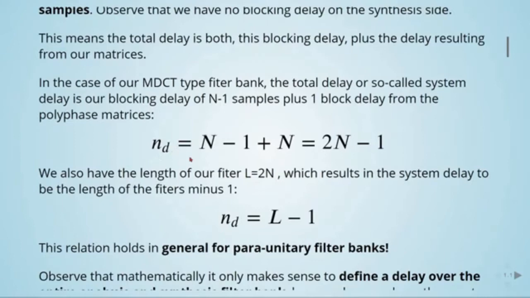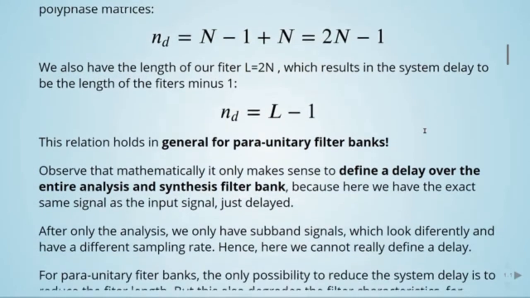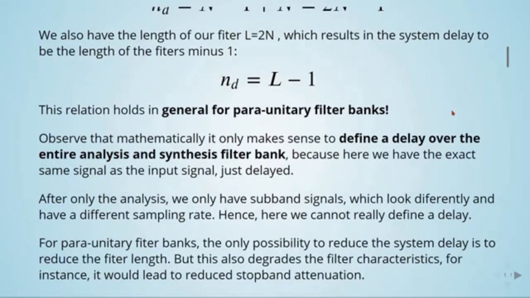So it's our blocking delay of N-1 plus one block delay from the polyphase matrices. We also have the length of our filter, L equals 2N, which results in the system delay being the length of the filters minus 1. This relation holds in general for para-unitary filter banks.